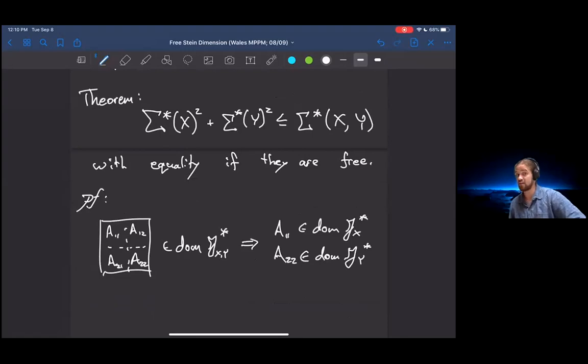And so that allows you to get a bound on the size of the respective domains of the Jacobian for just x and for just y based on knowing how big the domain of the pair x and y is together.